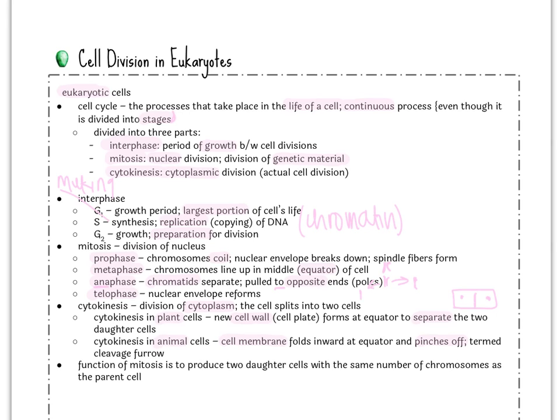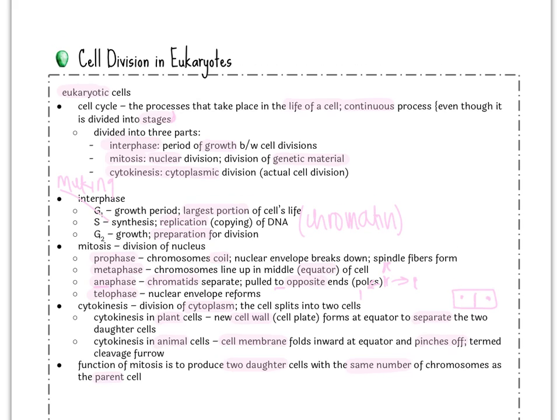So remember, the entire function of the cell cycle is to produce two daughter cells. That's what we call the offspring or the cells, they're daughter cells. Two daughter cells with the same number of chromosomes as the parent cell.